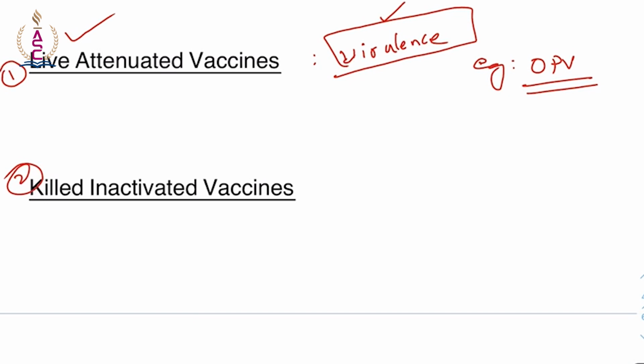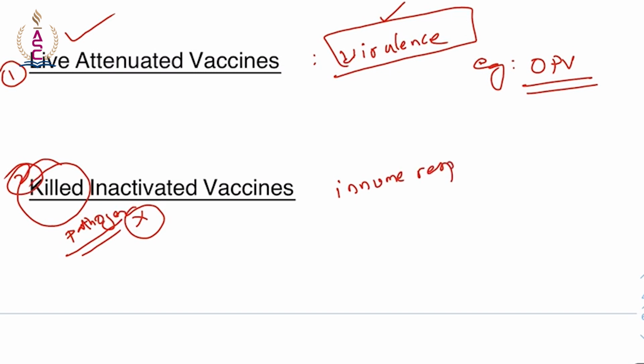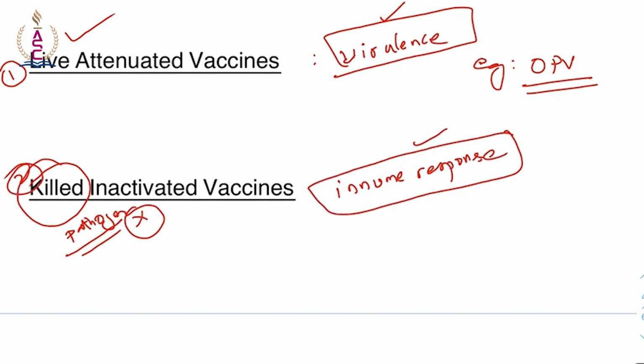So since they are already killed, the disease causing capability will be very less, but it will be to such an extent that it can cause an immune response. That is something that you need to keep in mind. So this reduces the threat of vaccine induced diseases.